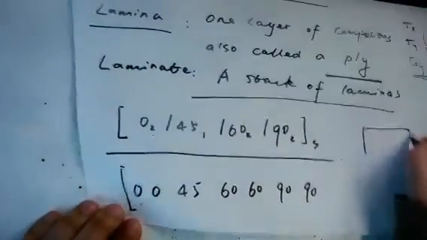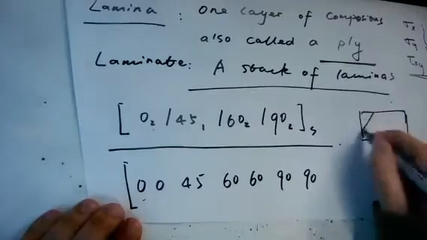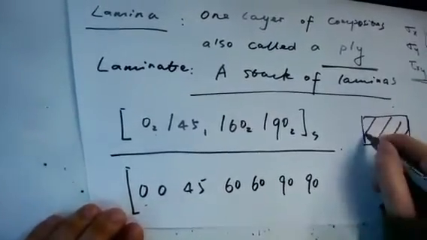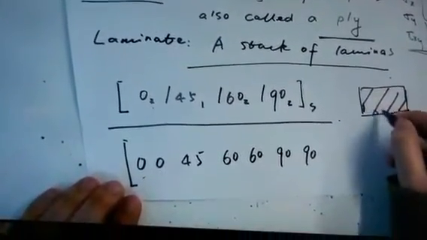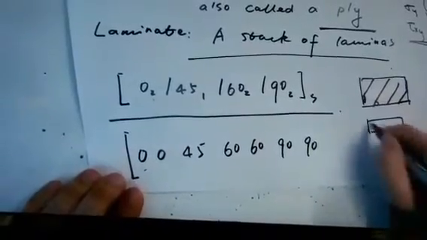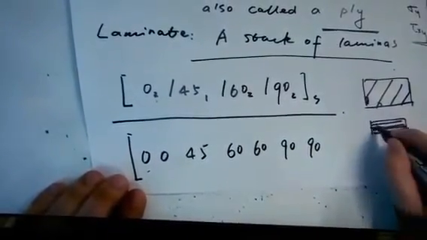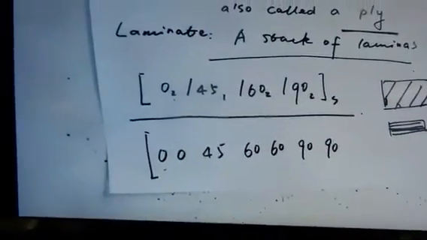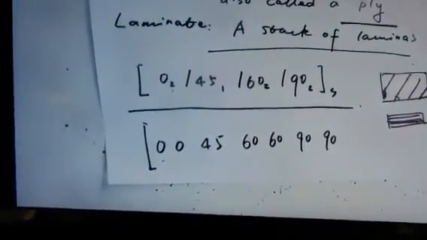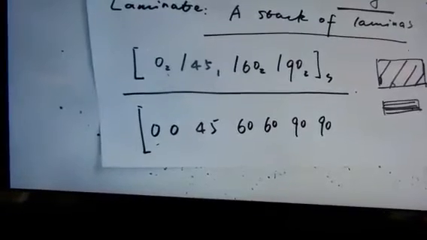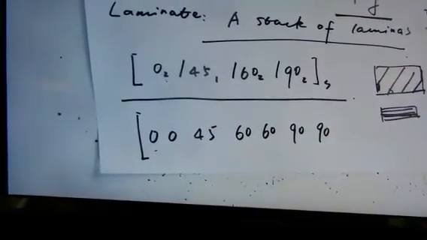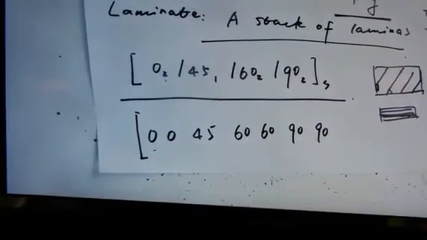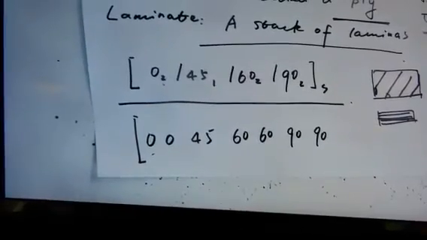So basically, this is the filament, right? The first layer, you can put the first layer at 0. So this is the orientation of the first layer. You have 2 layers like this. This number means you have a lamina like this. The filament is along the X direction, and that 2 means you have 2 layers of this.